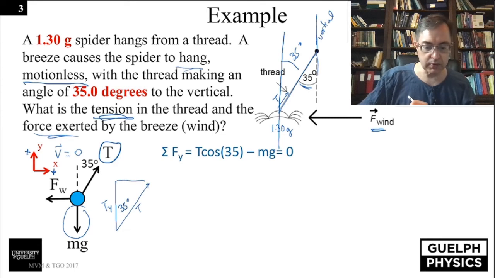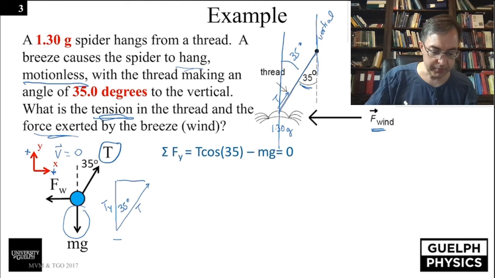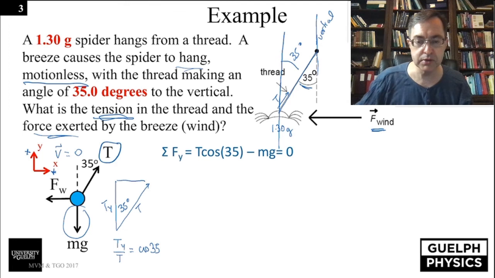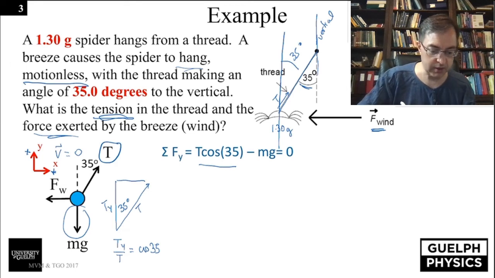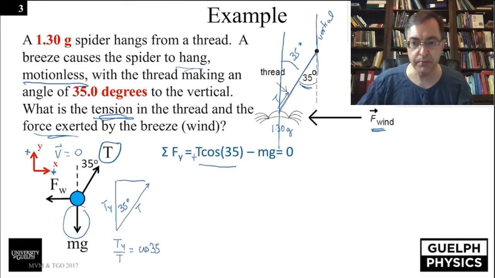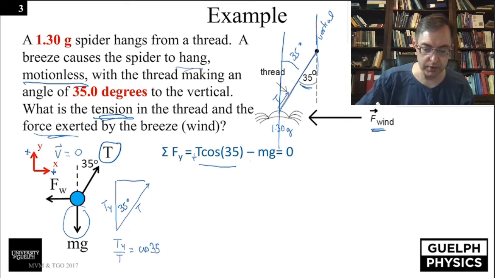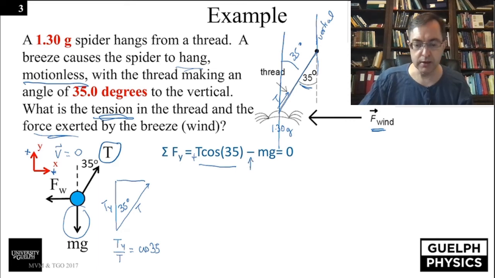So the y component of tension, well, Ty divided by T is just the cosine of 35 degrees, okay, by the cosine rule of adjacent over hypotenuse. So that means that Ty is T cosine 35 degrees, which I put here. It points upwards, so Ty is directed upwards, and so there's a plus sign here according to our coordinate system. And then to this we add the gravitational force, which is pointing downwards, so there's a minus sign, minus mg.